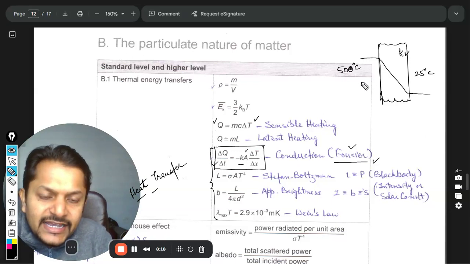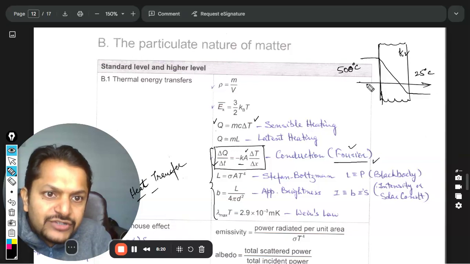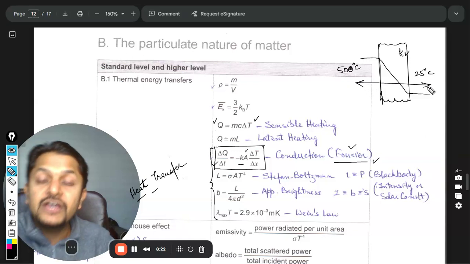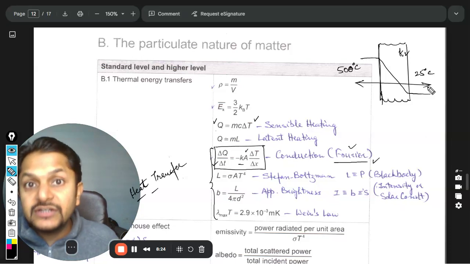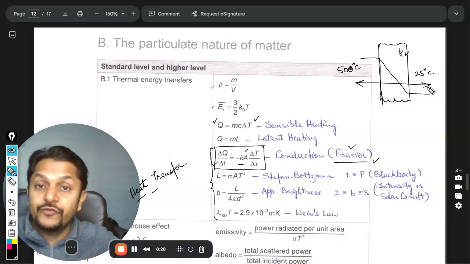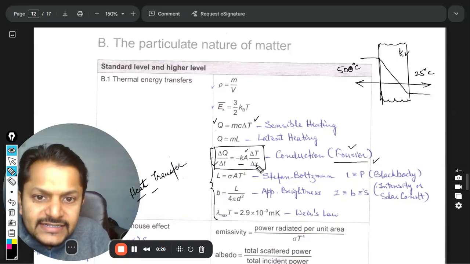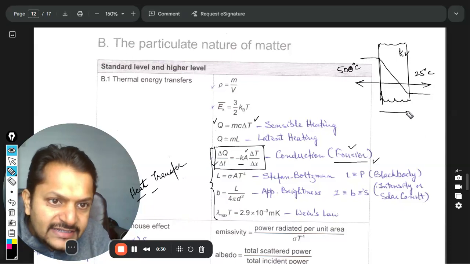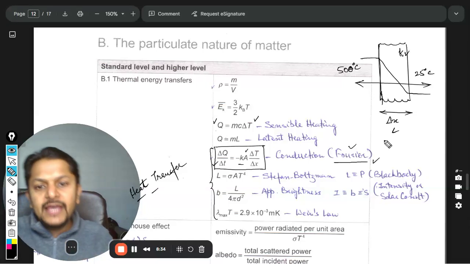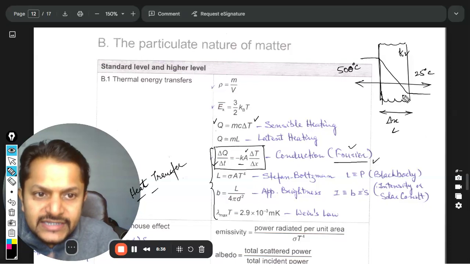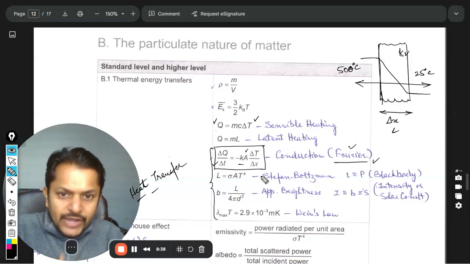Delta T is the change in the temperature here from 500 to 25. So bigger is the temperature difference, more becomes the heat transfer. Okay. And delta x is this distance. You can call it length, you can call it width, you can call it L, whatever. So this is how you write this.